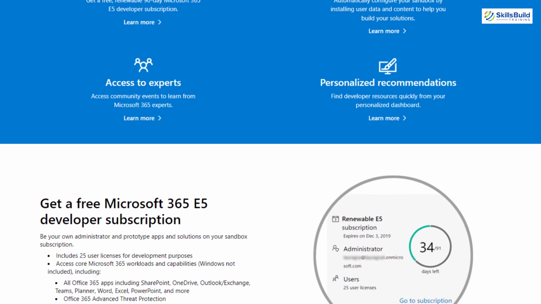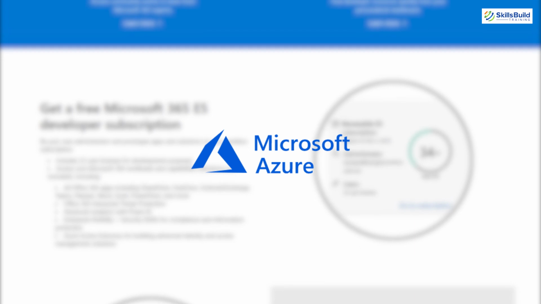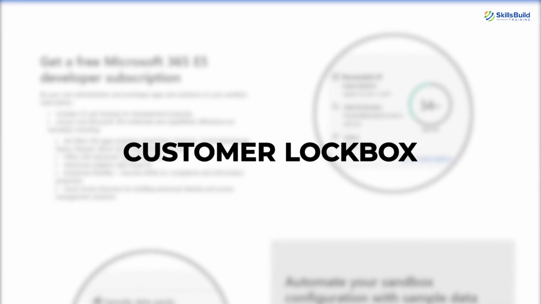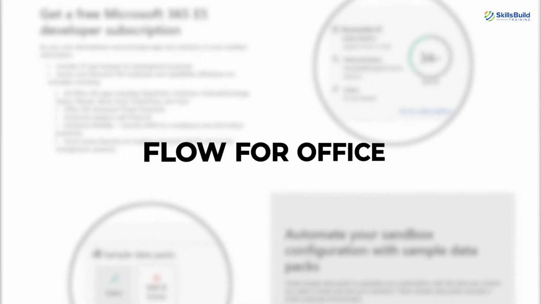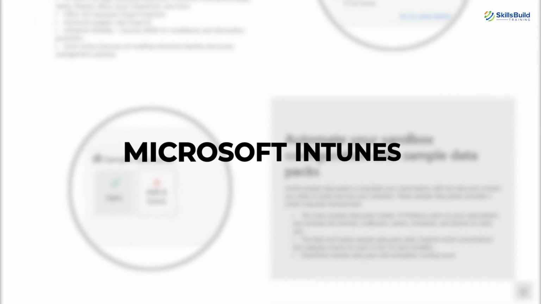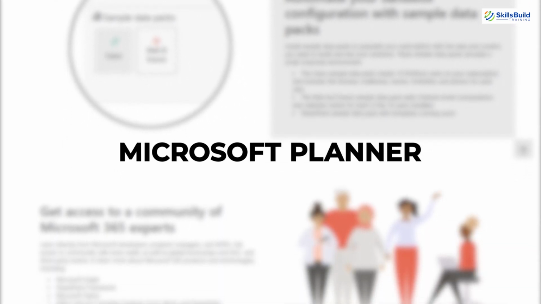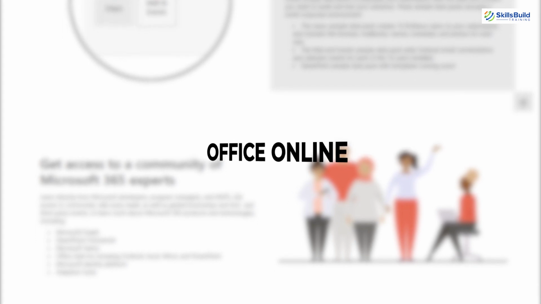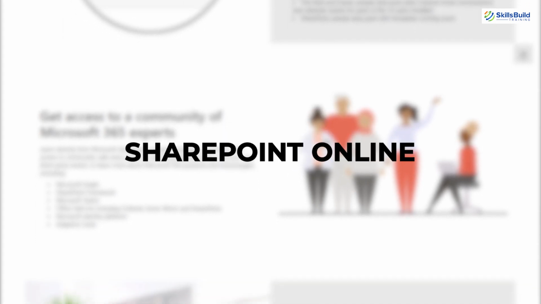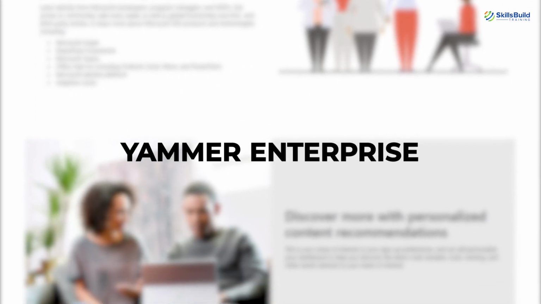With the Microsoft 365 E5 Developer subscription, you will be able to work with Azure Active Directory, Customer Lockbox, Exchange Online, Flow for Office, Information Protection for Office 365, Microsoft Intune, Microsoft Forms, Microsoft Teams, Microsoft Planner, Office Online, Power BI Pro, SharePoint Online, Skype for Business, To-Do, Whiteboard, and Yammer Enterprise.